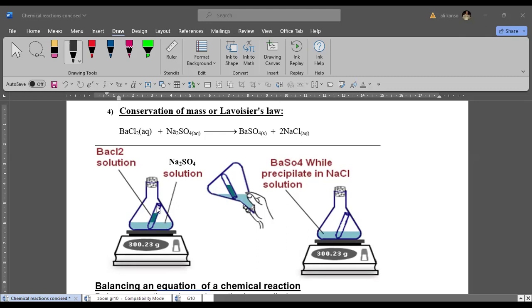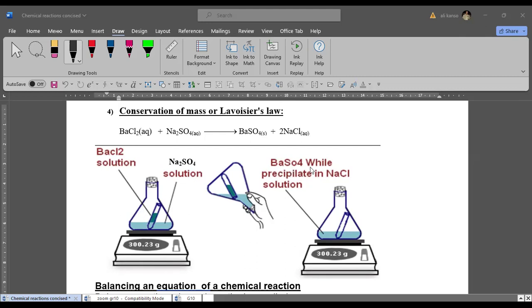Barium chloride is put in this small test tube, and sodium sulfate is put here. The conical flask with these two substances weighs 300.23 grams. After closing the mouth of the flask and shaking it, the barium chloride will get down and react with the sodium sulfate.